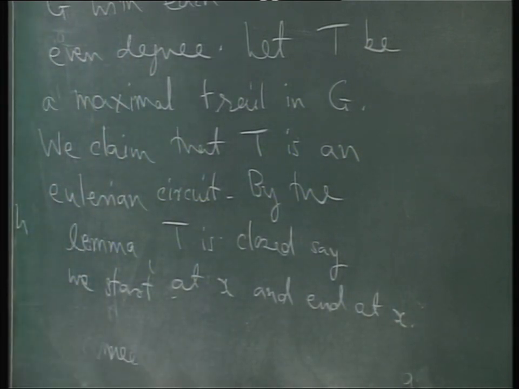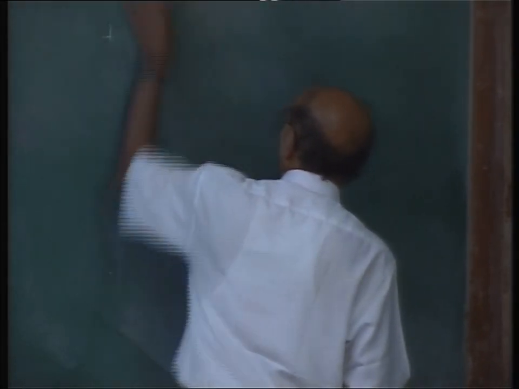If T doesn't really account for all the edges, then there must be some edge which is not used by T, which is not there on T. Why did that happen?